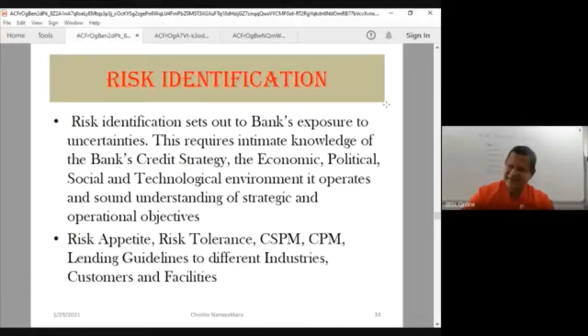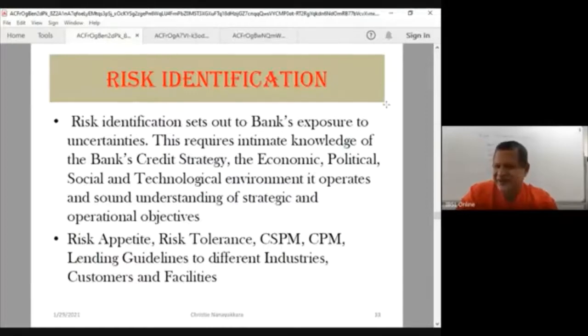We went through the credit management process, and we did loan origination. Then we came to evaluation. In evaluation, I went through various aspects of retail, SME, and corporate, of identifying the counterparty risk. Now we are looking at the other side of the coin, which also needs identification, which is concentration risk mainly.